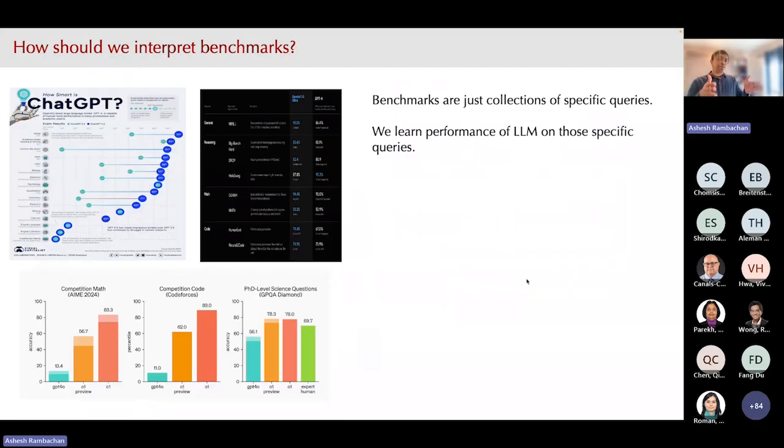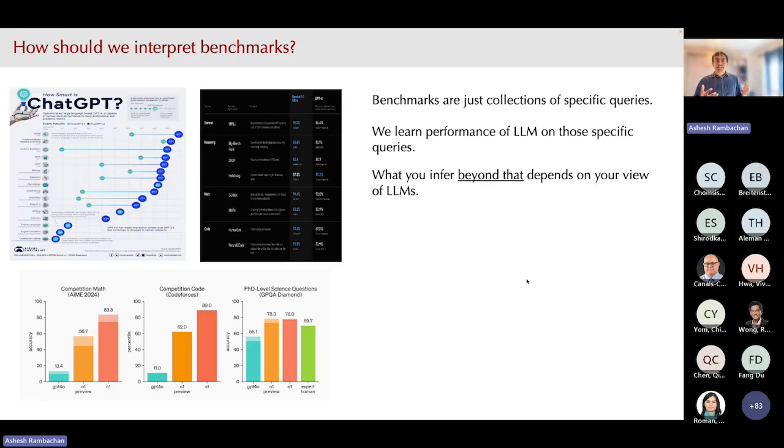Well, at their core, these benchmarks are literally nothing more than a collection of specific queries, like those questions in HellaSwag and Big Bench Hard that I showed you. So from benchmark evaluations, we of course learn the performance of a large language model on those specific queries in the benchmark.